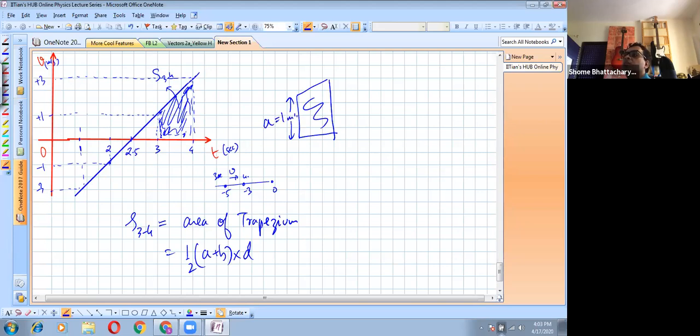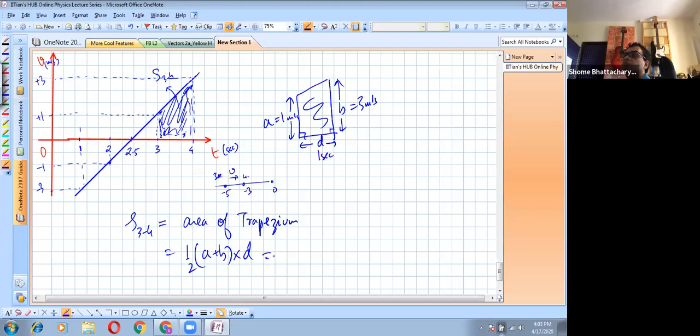And this side is the other parallel side B. Its height is this value over here, which is 3 meters per second. Since this is 90 degrees at the bottom, this is the perpendicular distance between them, from 3 to 4. So it is 1 second. So D is 1 second.